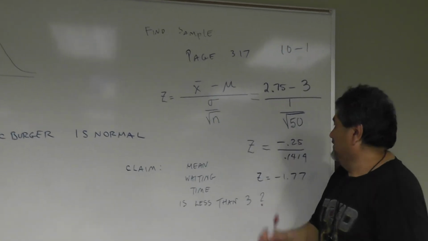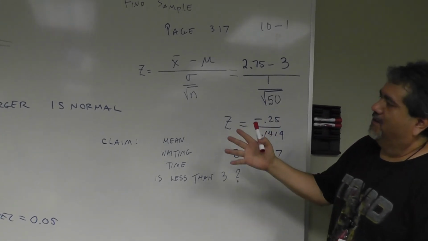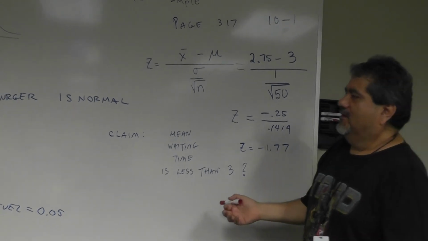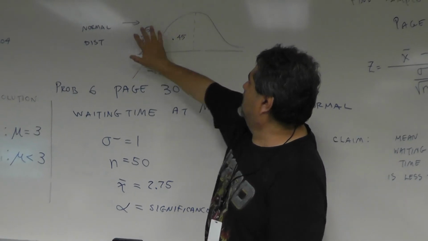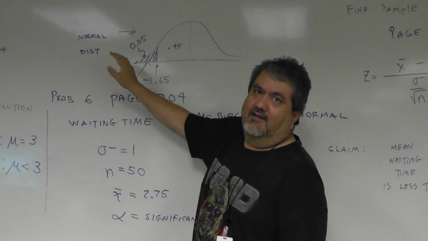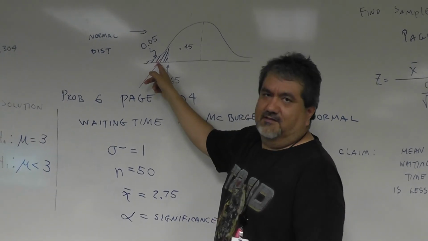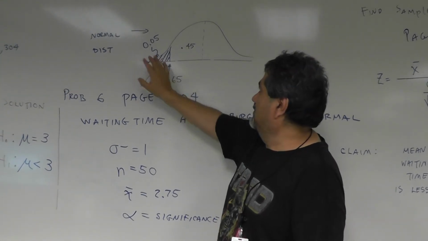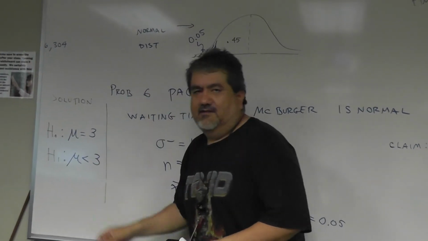Notice the sample is going to determine which hypothesis we accept. And we have only 2 possibilities: the null in the center and the alternative on the left side. We are going to accept the alternative because this is right here, right? Notice this is in the alternative area. So we are going to accept the alternative.